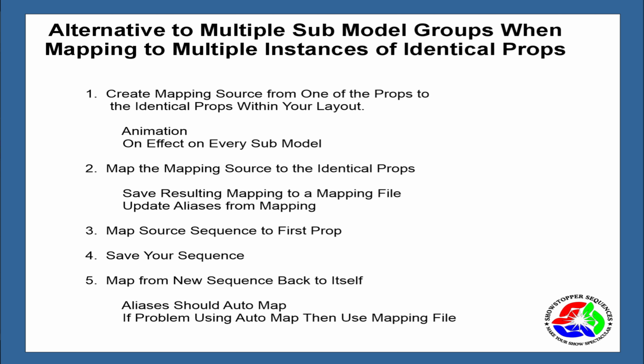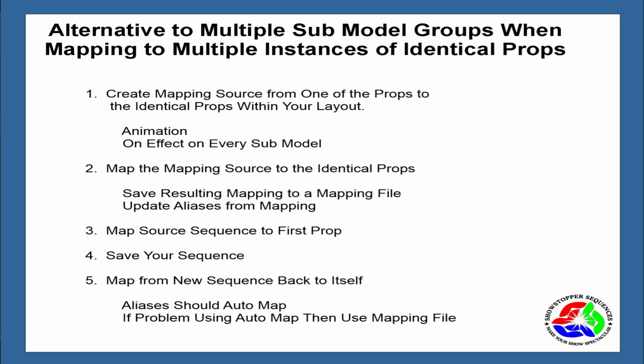Another thing you can do is kind of have the best of both worlds. If you create one where you make all the aliases identical, that's absolutely fine. Then go back the second time and change the layout so that your second or third prop, or however many you have, is doing something different. Then you can save that as a mapping file.